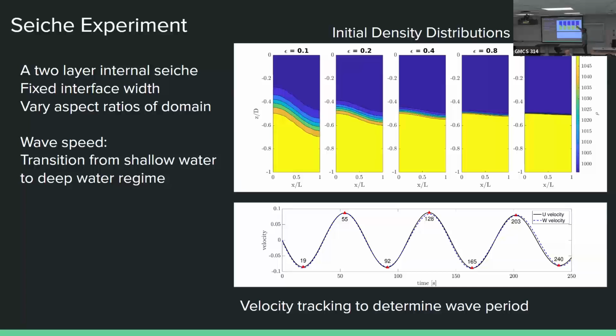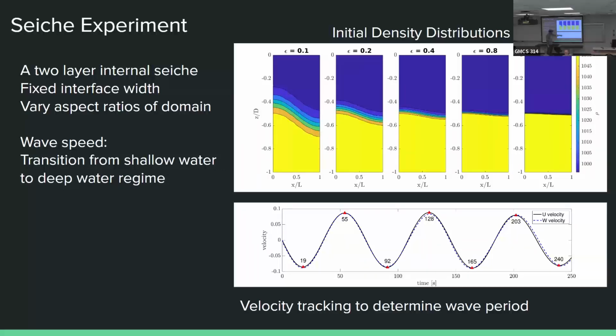So if we zoom in on this interface right here, it'll still look like this. It's just scaled. And so what we can do is track that, let it go, run, and I want to know the wave speed that's propagating, that thing that's bouncing back and forth. So we can check that too. There we go, wave speed. We can pick a point, like right here, and measure the up and down velocity, because as stuff sloshes, it's got to go up and down along the wall.